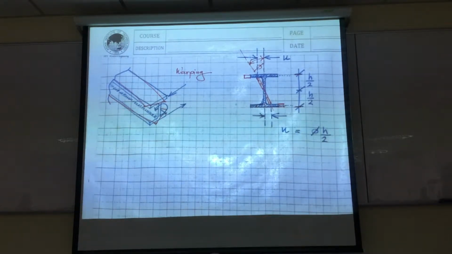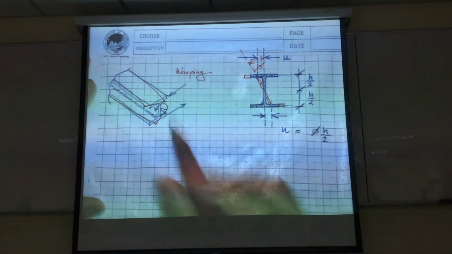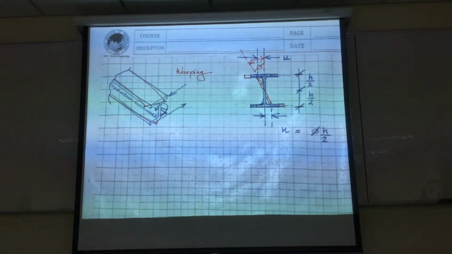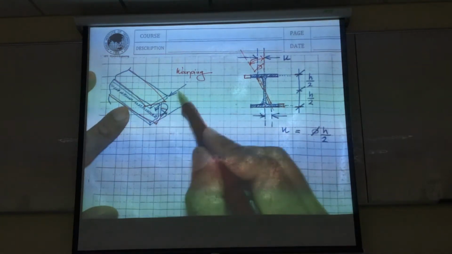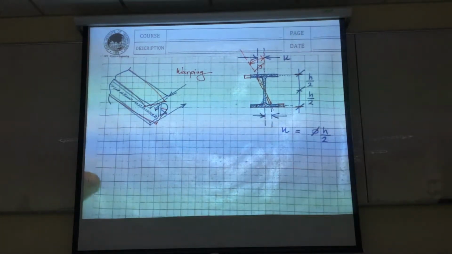Where phi is in radian unit, so you end up with the U. Once you end up with the U, okay, as you see that I wrote here, you'll be having force. This force is the shear force, right?